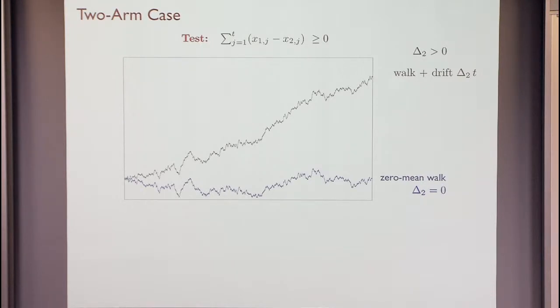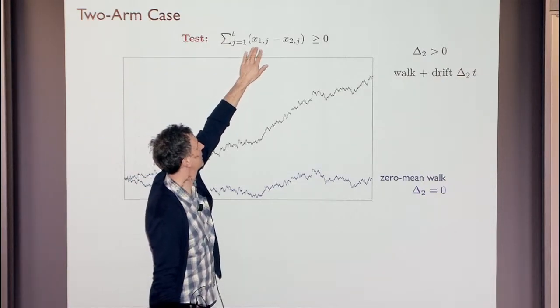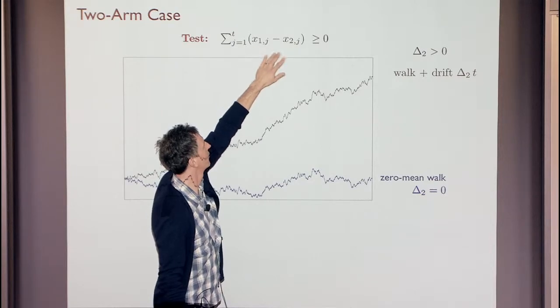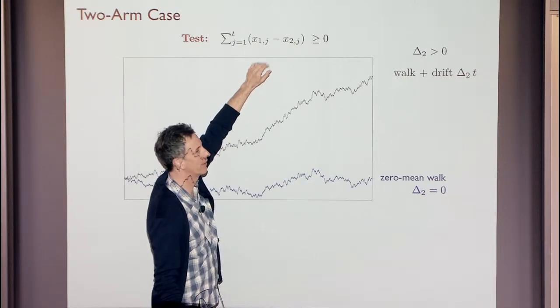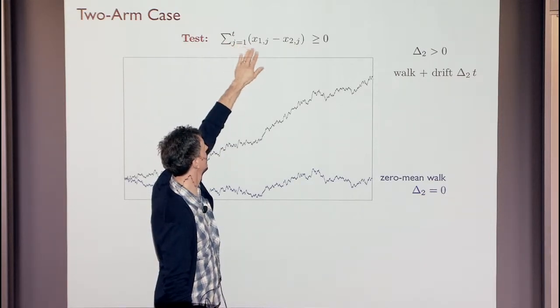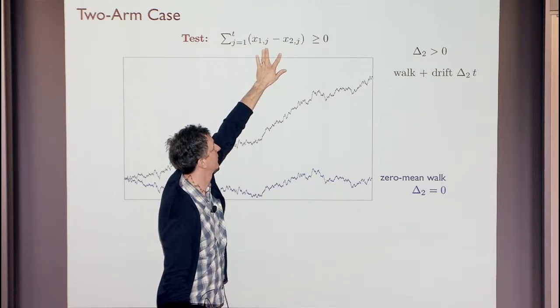This again relates a little bit to what Aurélien talked about yesterday. But suppose we were just looking at two arms, like those best two arms in that last example. And naturally, what you would think about doing is you would take the scores you're getting from those two and compare their empirical means, or equivalently, just look at the sum of these differences.